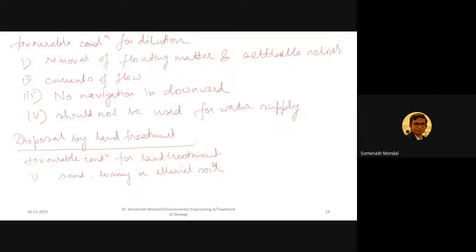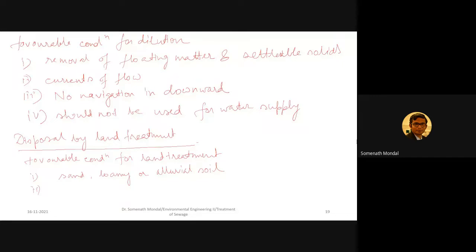These soils have more pores, and that's why more aerobic conditions are present in them, which helps in aerobic decomposition. The depth of the water table should not be huge, even in the rainy season. It should be low, so that there are no chances of pollution of the underground water source by land treatment.